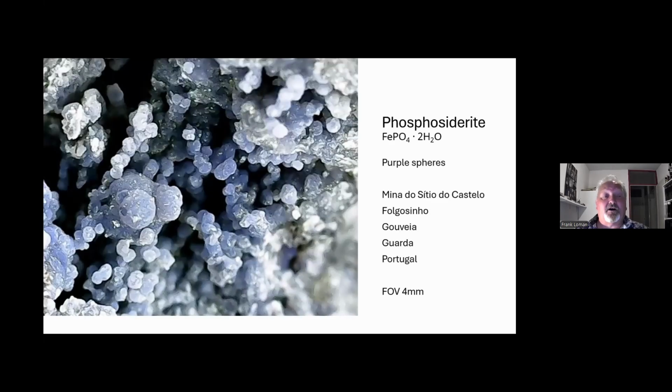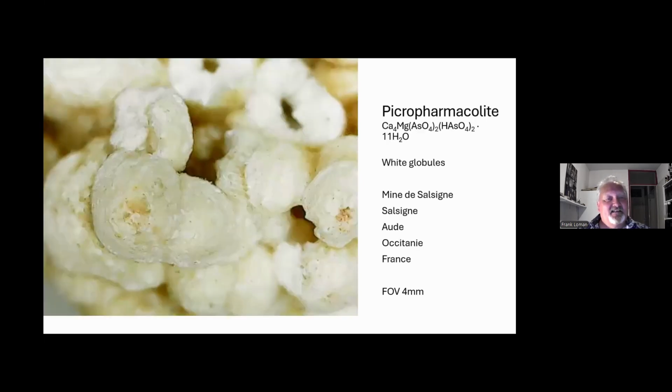Not all spheres are white, brown, or green. These are purple from the phosphosiderites from the Sítio do Castelo in Fogacinho in Portugal. The picropharmacolite, they form in this picture white globules from the Salsigne mine in France.